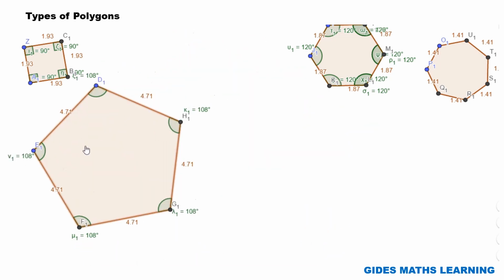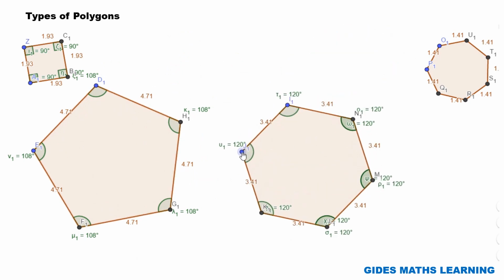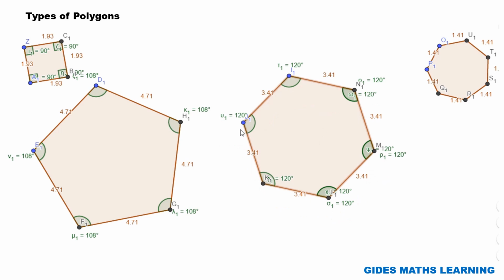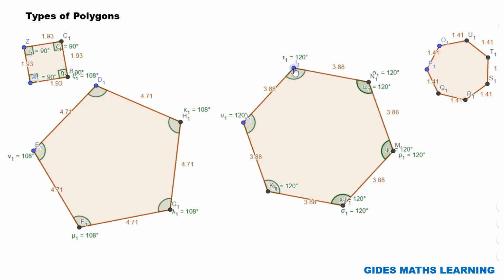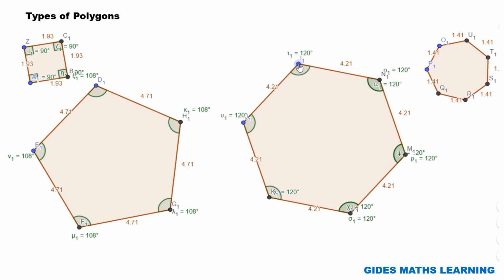Okay, so let's also look at the hexagon. You realize that as we change the length, now the length is 3.141 units, but the interior angles remain 120. Now the length is 3.85, but the interior angle is unaltered.